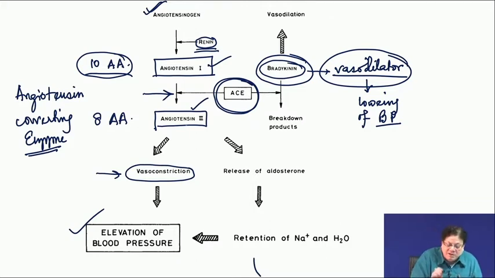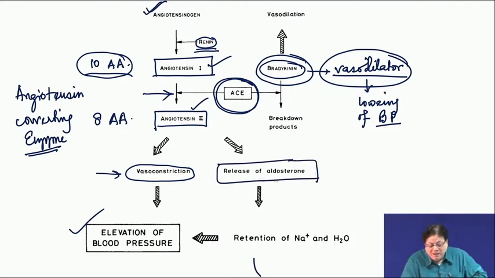When angiotensin 2 binds to a receptor, it not only does vasoconstriction, but it also sends a signal which ultimately leads to the release of another hormone which is called aldosterone, a steroid.